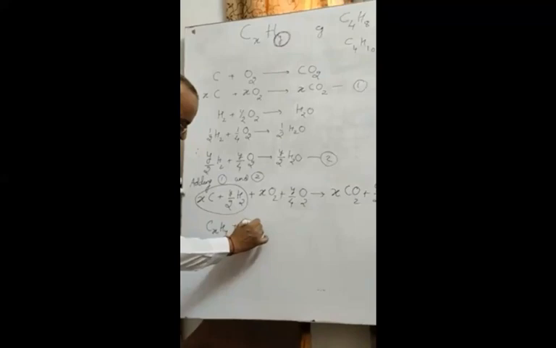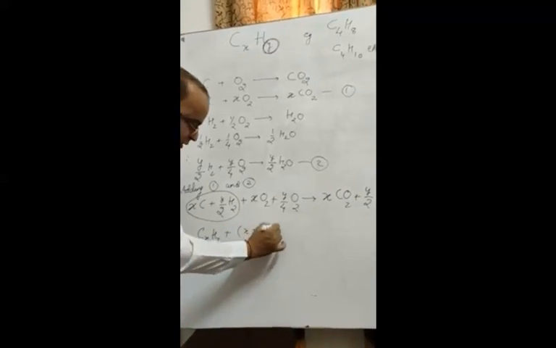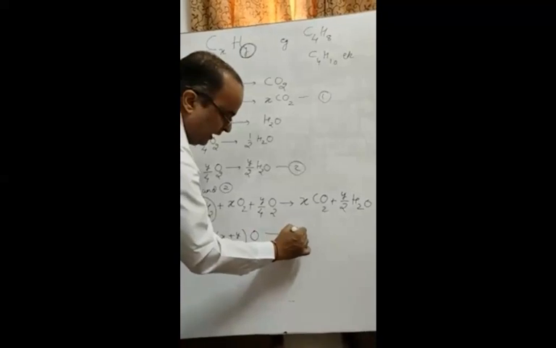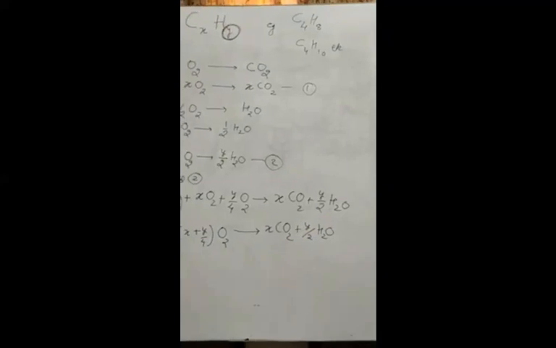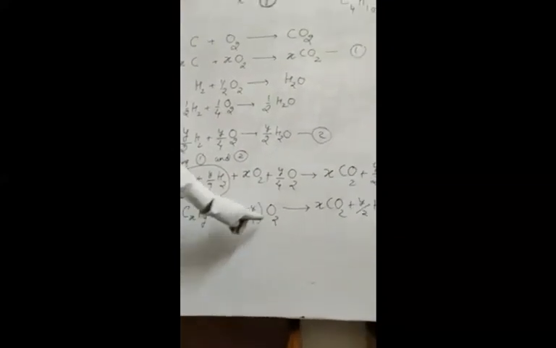Collectively, it can be written as CxHy combines with (x + y/4) of oxygen to give x CO2 plus y/2 H2O. So when you are using a hydrocarbon and you want to combine it with oxygen, you have to use the stoichiometric relation x, where x is the number of atoms of carbon, and y/4, where y is the number of atoms of hydrogen present in that hydrocarbon, whether saturated, unsaturated, cyclic, aromatic, whatever.